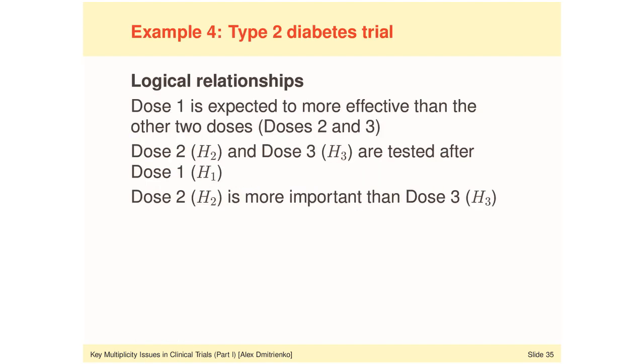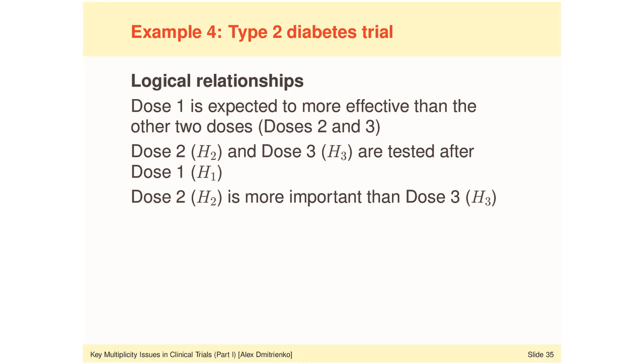To help motivate the general class of chain procedures, let's come back to our favorite example again, this example 4, based on a phase 3 trial in patients with type 2 diabetes. In this trial, with 3 dose placebo comparisons, the trial sponsor would like to pursue claims of treatment effectiveness at all 3 doses.